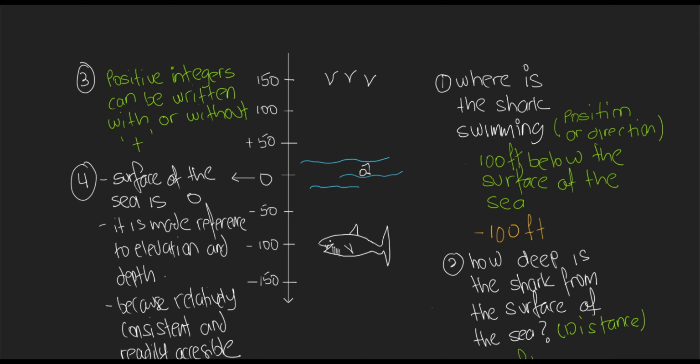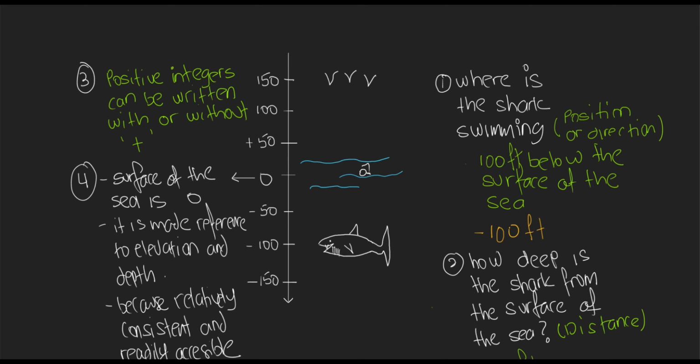So I know that the shark is 100 feet below 0. I do hope that this makes it clear how a negative integer gives us position and also direction.